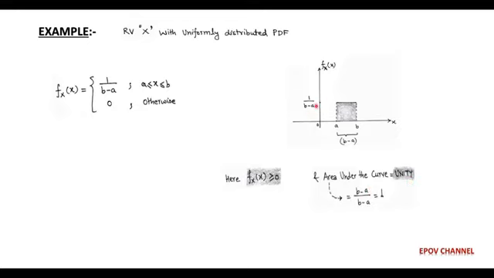And this type of probability density function is called uniformly distributed PDF, as shown in figure. Here the real values small a and b are positive and area under the curve is unity. So mathematically, small f function x equals 1 upon b minus a for x greater than or equals to a, less than or equals to b, and 0 otherwise.